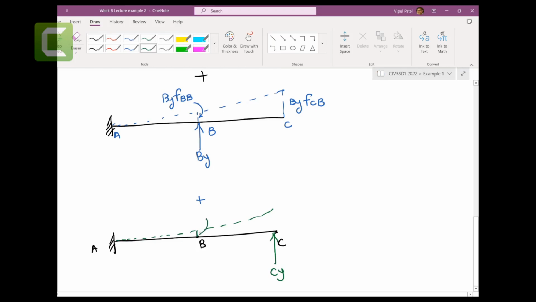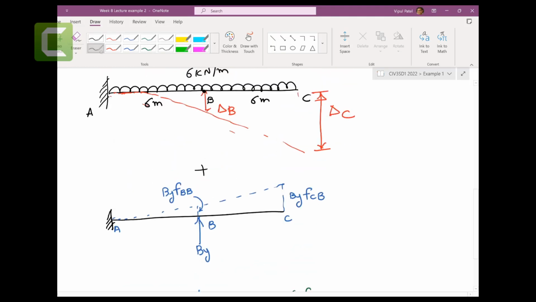For that CY, we have CY deflection at B due to the load at C. And here there is CY deflection at C due to the load at C. So I hope you understand that.